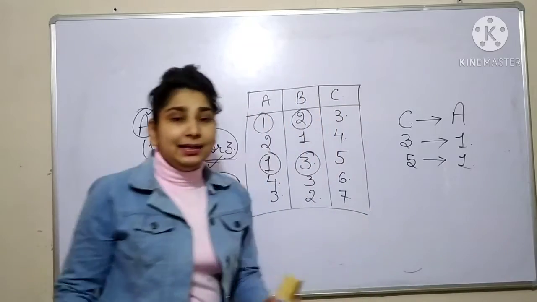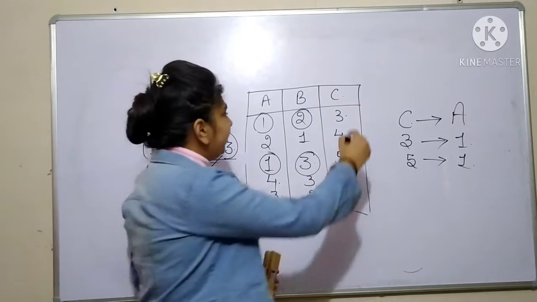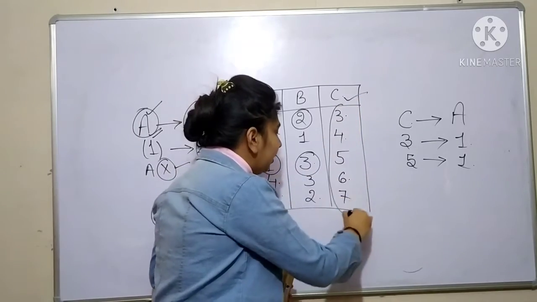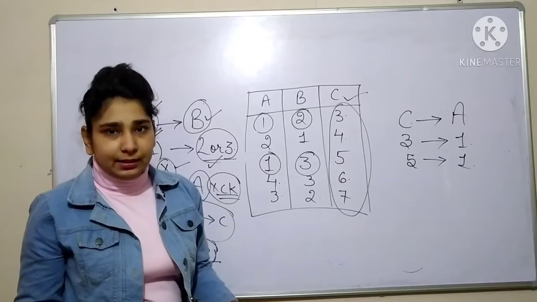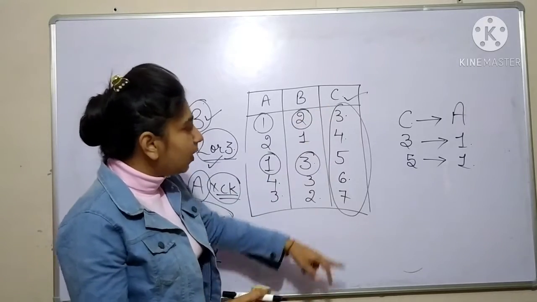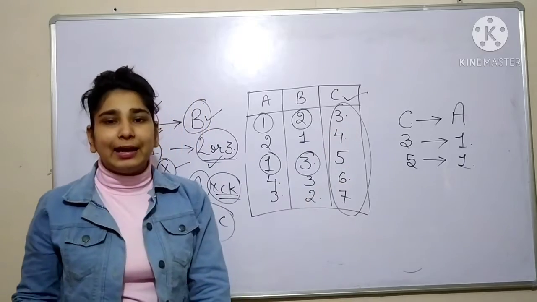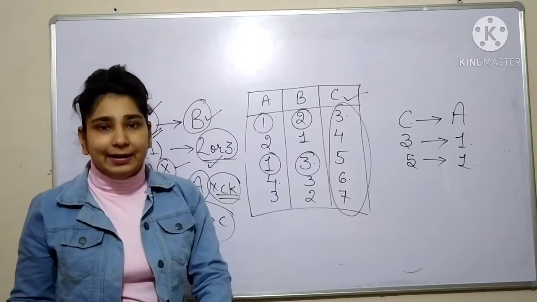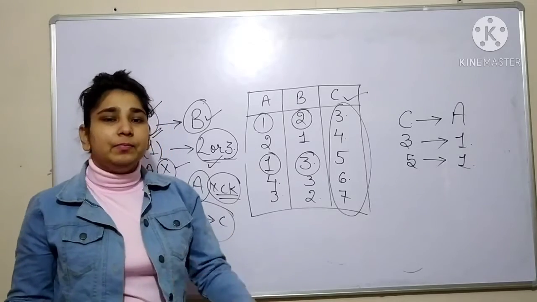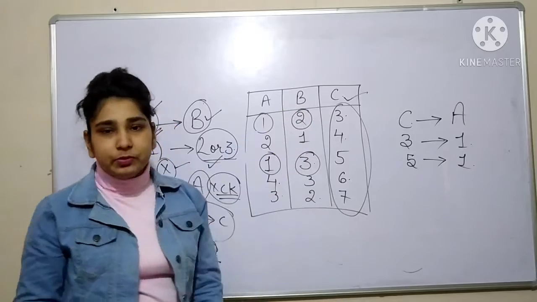And if you observe one thing, the C attribute has all unique values. All the values of this attribute are different. So obviously, if all the values are different, you would definitely be able to determine all the other attributes.